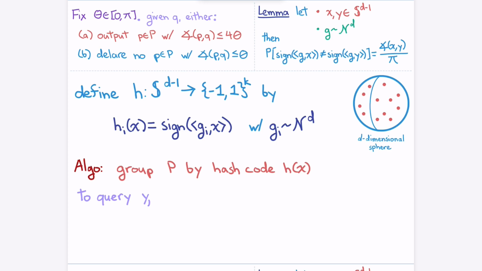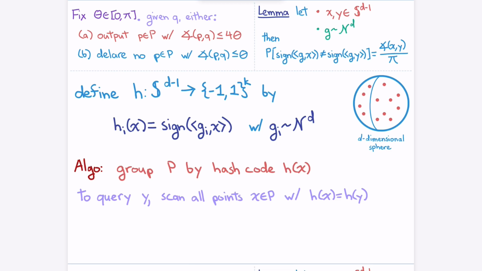So it's like a table, and it just lists all the points with the same hash code. And then if I want to query a point y, what would I do? You just scan all the points with the same hash code.